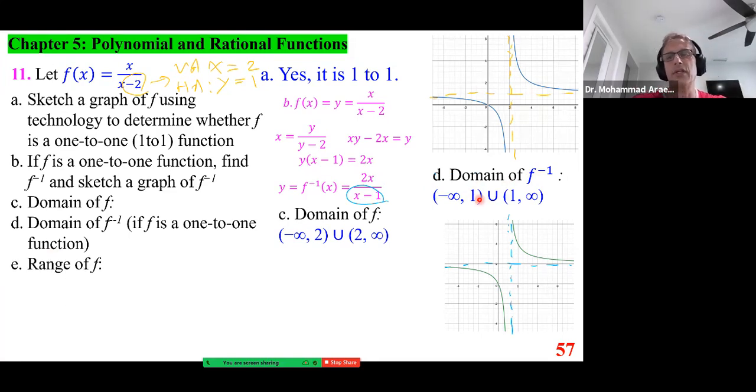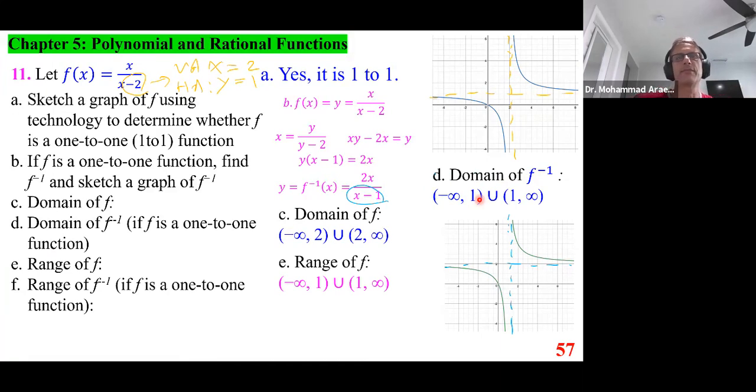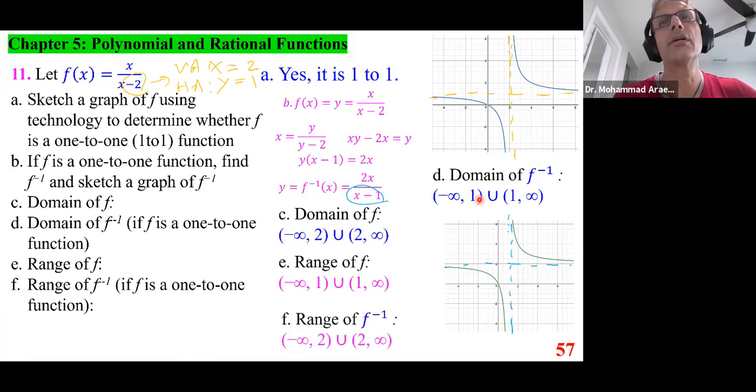Range of f is domain of f inverse. Range of f inverse is domain of f, based on the facts that we know about inverse functions.